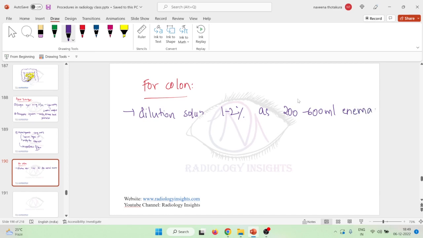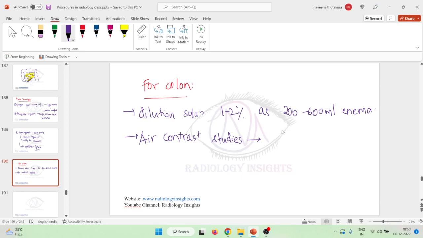Recently, air contrast studies have also been started, where we use air as a contrast agent and pass air into the colon for studying the anatomy of the colon and the pathological processes of the colon, and knowing the diagnosis of the pathological condition seen on the studies.